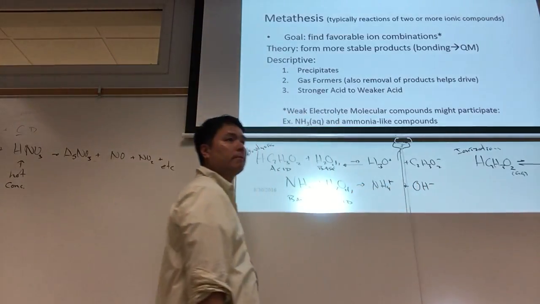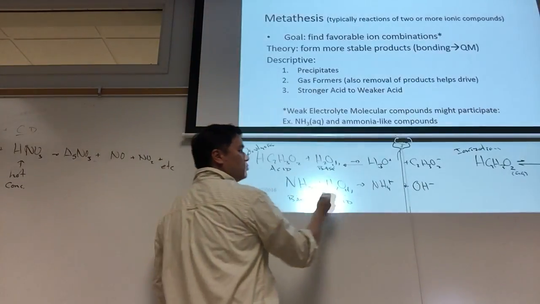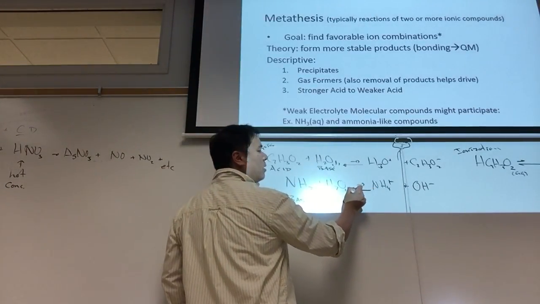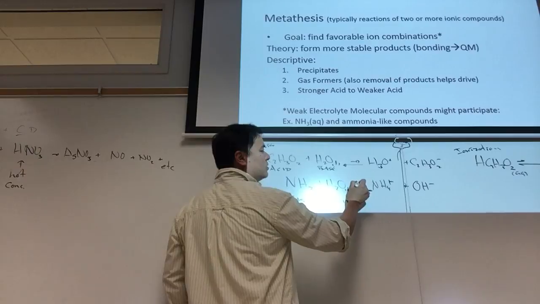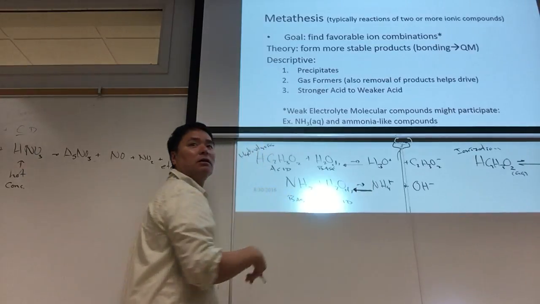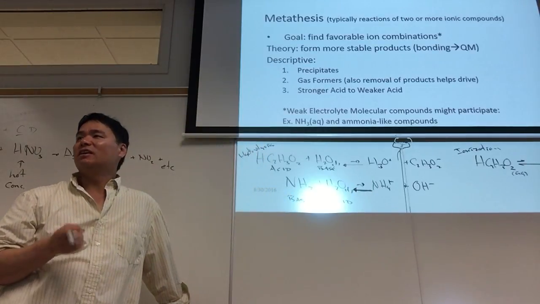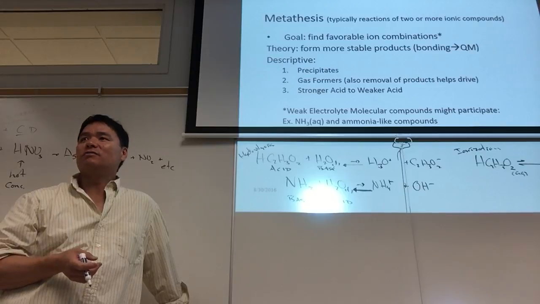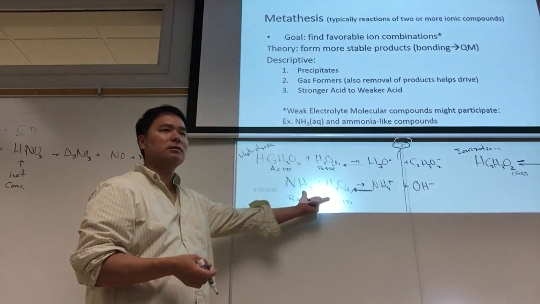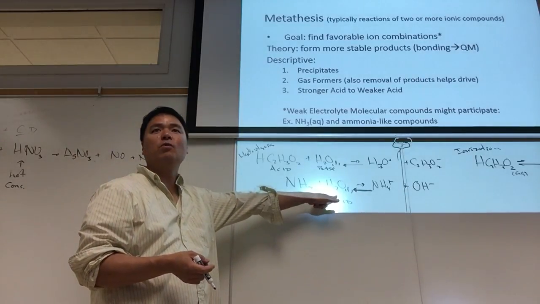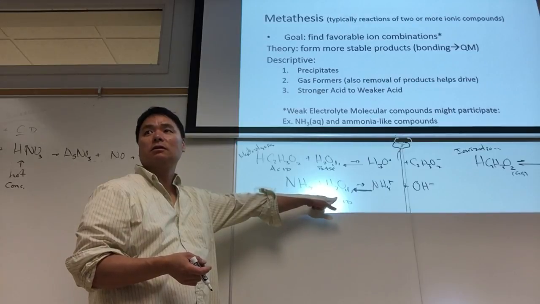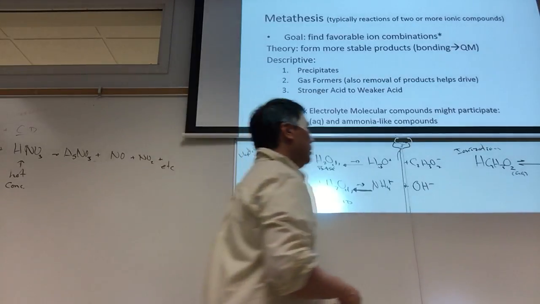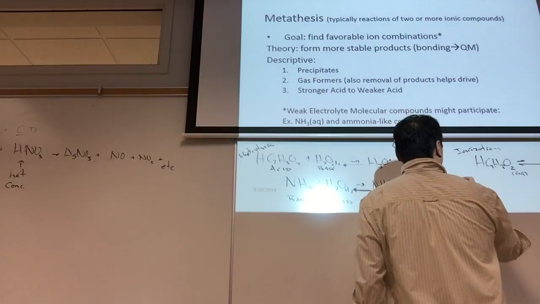We know it's a weak base, therefore it only partially hydrolyzes. So most of it will stay as ammonia and water molecules, and very little of it will hydrolyze. In fact, 99.9% stays as molecules, only about 0.1% hydrolyzes.